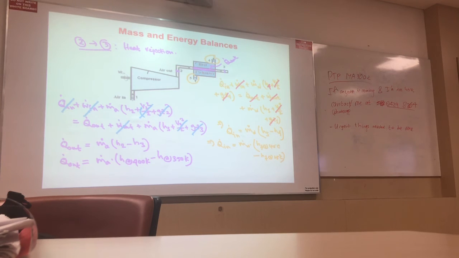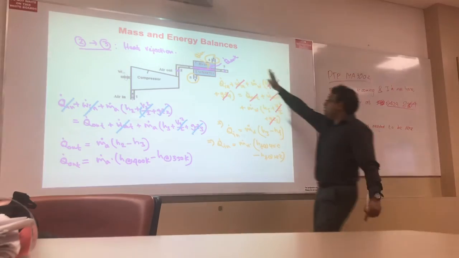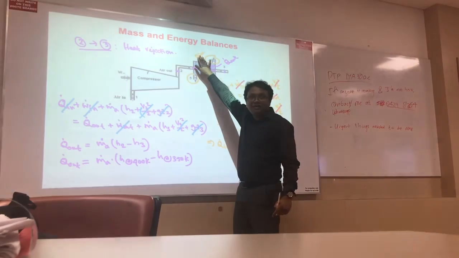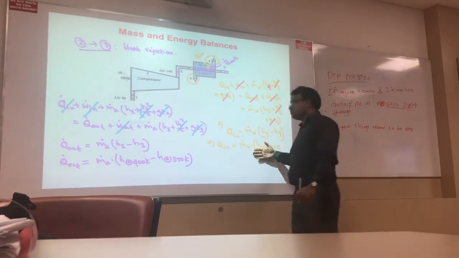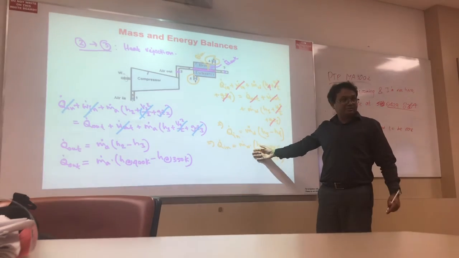Right. So here we can see this guy gets this amount of energy, Q in. What we can see? This value and that value are the same thing, right? Then I can write this one equivalent to this one. Correct.